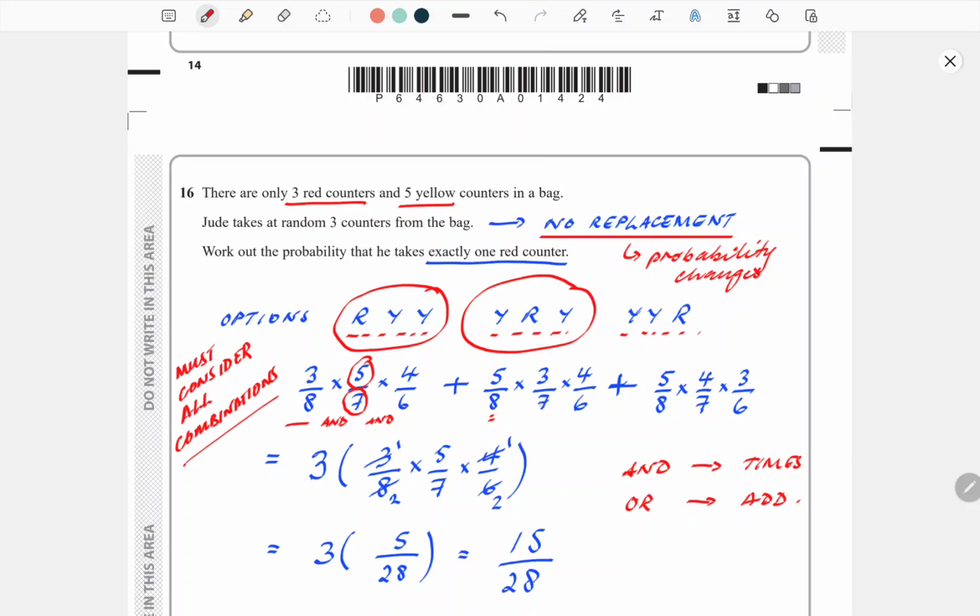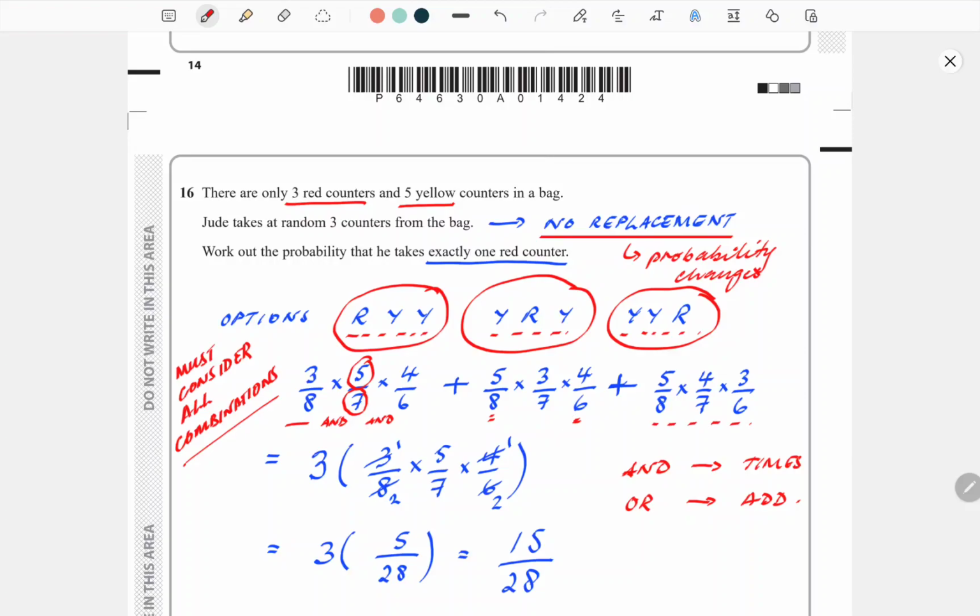So it's 3/7. Then the third counter being yellow again, well, there were 4 yellow ones left and a total of 6. So you can see where those numbers came from now. And repeat the same thing again for yellow, yellow, red, which I think is now self-explanatory.